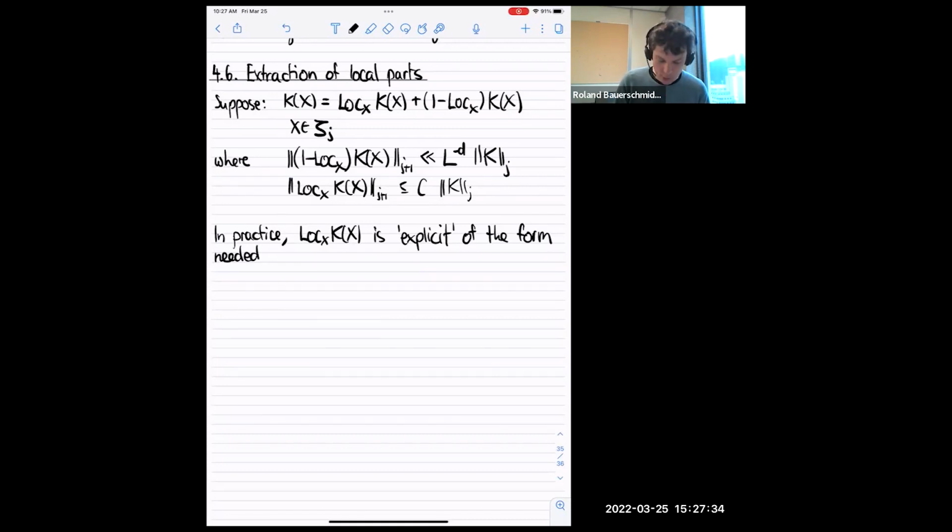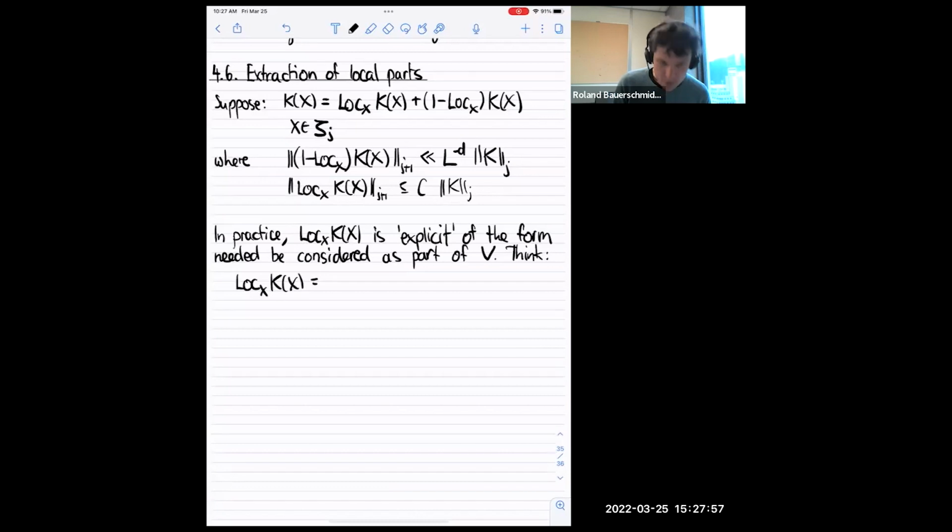So it's explicit, of the form needed to be considered as part of VJ.